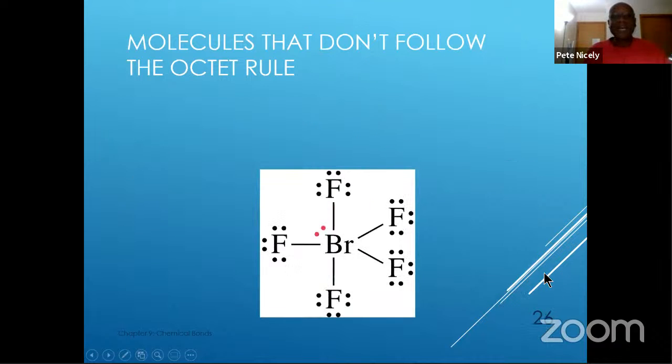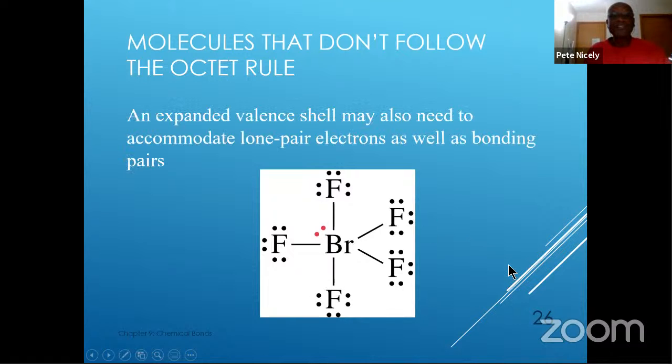Okay, here's another example of an atom in a molecule that has more than 8 electrons on its outer shell. In this case, it's bromine pentafluoride. And as you can see, the central bromine atom has 2, 4, 6, 8, 10 electrons, and then you have another pair, which is a non-bonding pair.